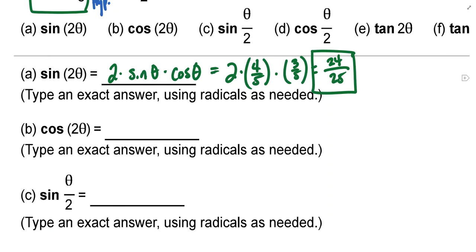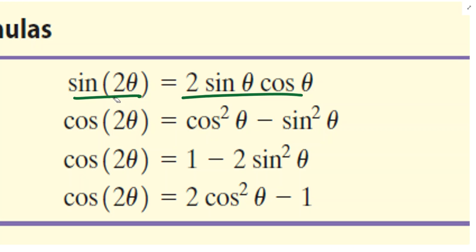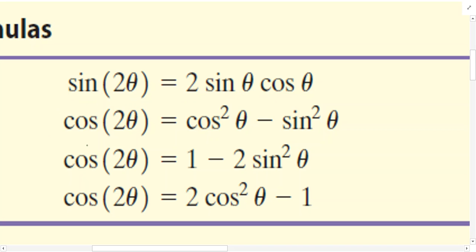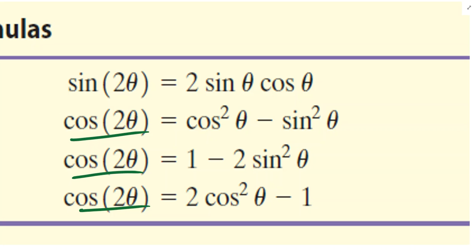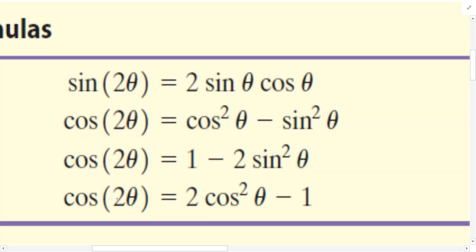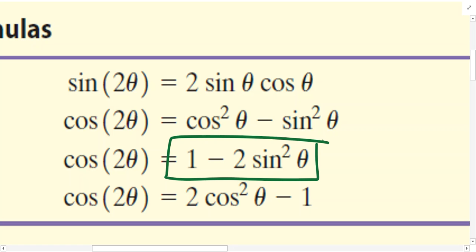For the double angle of cosine, again, referring back to our notes from day 56, we've got 3 different forms of the cosine double angle identity. And any one of them would work just fine. So since sine was given to us, and that's the only thing that was given to us, cosine is technically a calculated value.